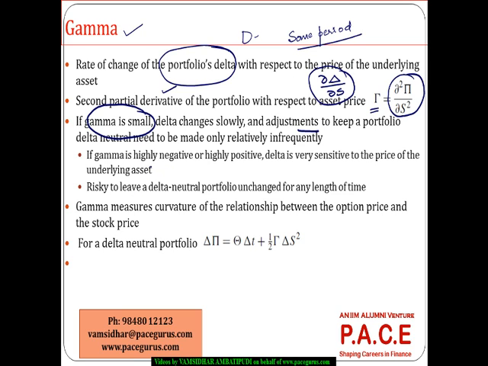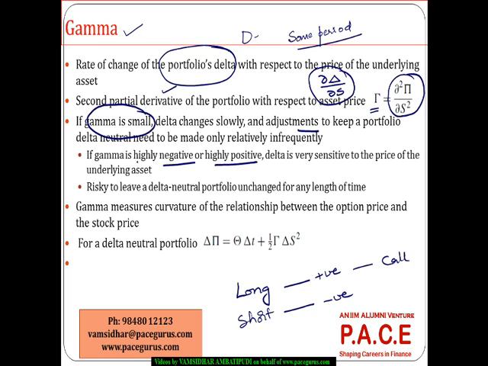But if the gamma is very high, whether it is negative or positive, what we simply say is for a long position, the gamma is always positive, for a call or a put, both of them. But for a short position, the gamma is always negative.